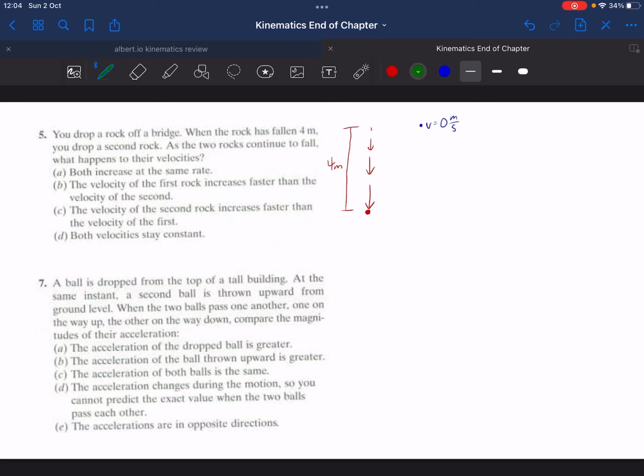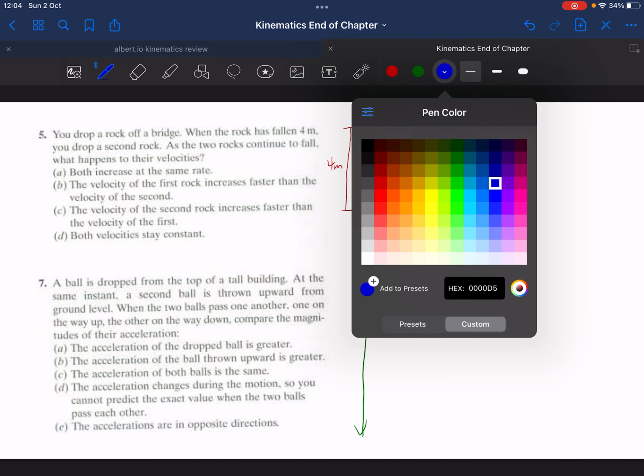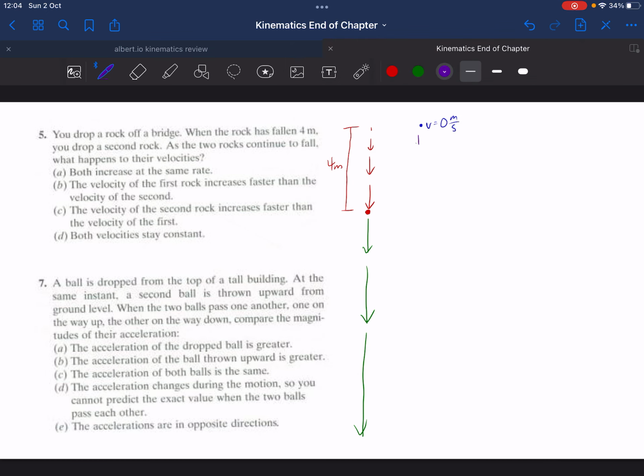So if I were to continue this red one in green right here, it's going to accelerate. And if I continue this blue one here, it will continue to accelerate as well. Actually, I should probably do that as the same size as the other one for a certain reason.